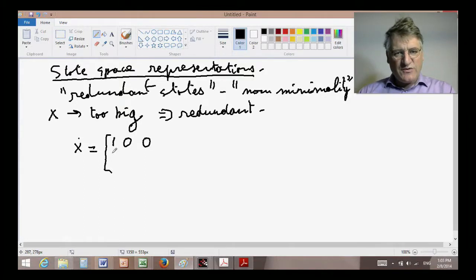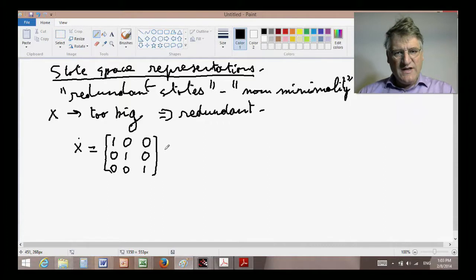The second row is 0, 1, 0. And the third row is 0, 0, 1. Okay?